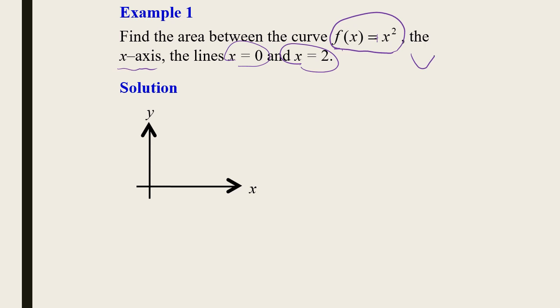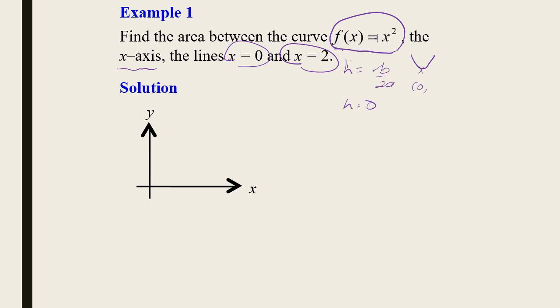And then the minimum point: the x coordinate of the minimum point can be found using h equal to negative b over 2a. But since b is 0 here, h will be 0. So the x coordinate for the minimum point is 0.